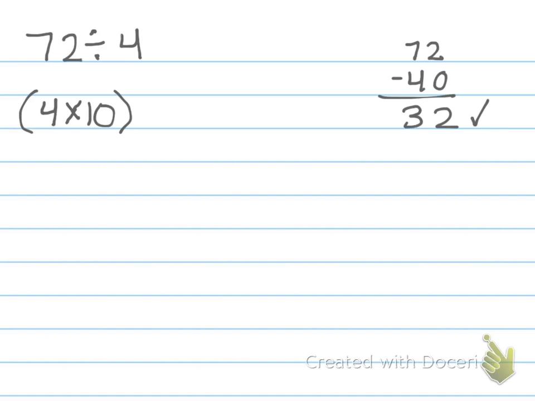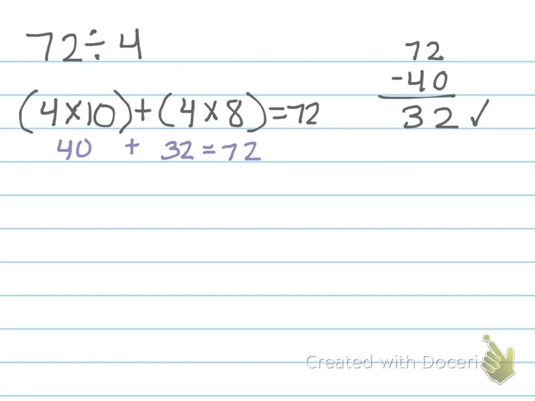Yes, it can, and it can do it 8 times. So I need to put my addition symbol here, and then 4 times 8. So together, 4 times 10 is 40, plus 32, which equals 72. And that's what I need to write for my equation.